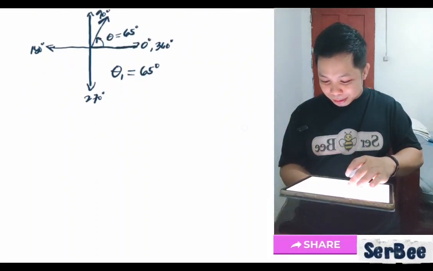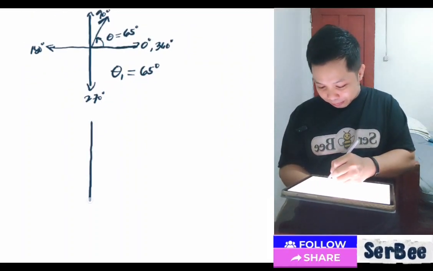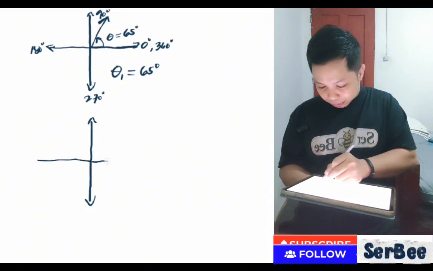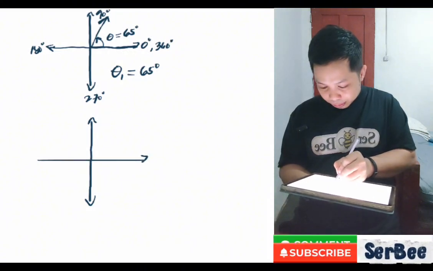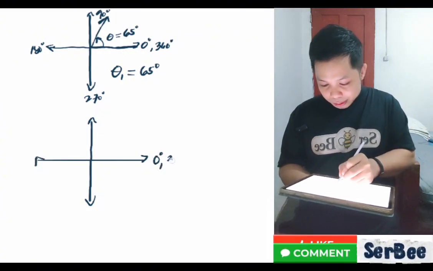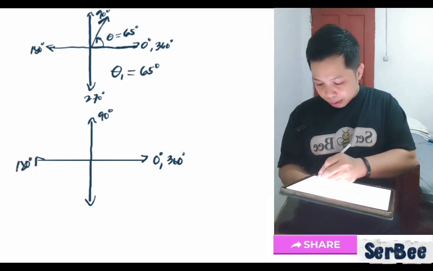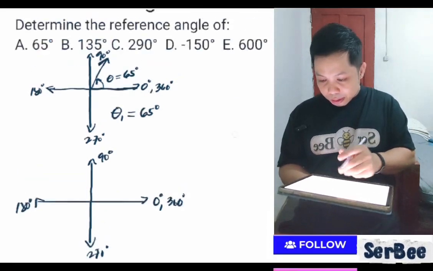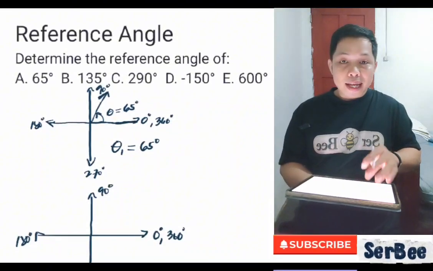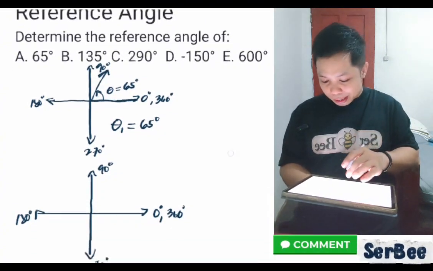Okay, next, we have 135 degrees. 0, 360, 90, 180, and 270. So 135 degrees lies on the second quadrant.